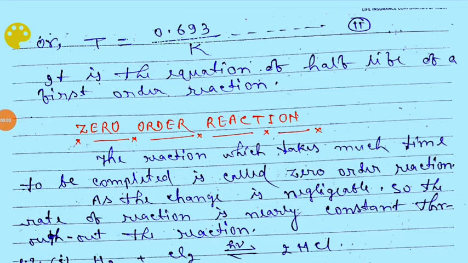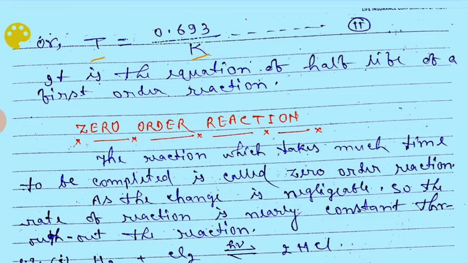Or T is equal to 0.693 by k. Why 0.693? Because if you multiply 0.301 and 2.303, then it will be equal to 0.693 by k.